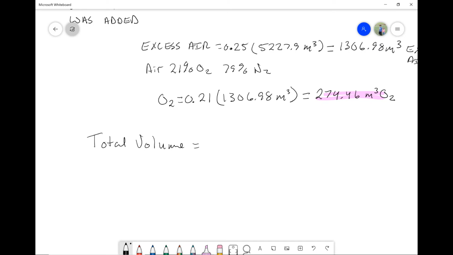So total volume is the H2O plus CO2 plus N2 plus O2, and the volume. And we know that now.